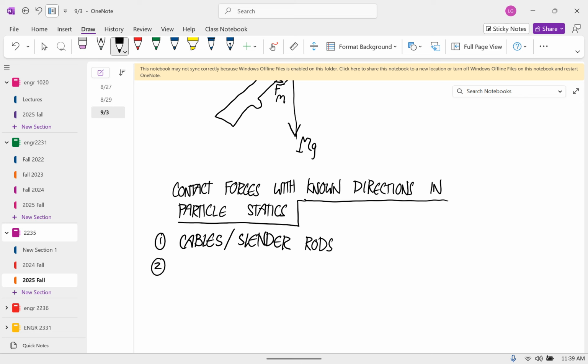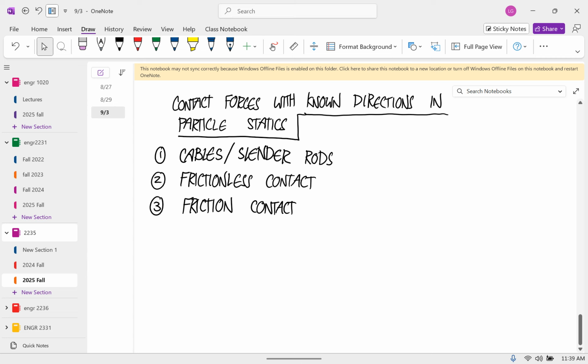The second one is going to be frictionless contact. And then the third one, well, I said that this was known directions. I'm going to put friction contact in here, but we'll see that really what that is just a force with an unknown direction. So the first one is cables and slender rods.